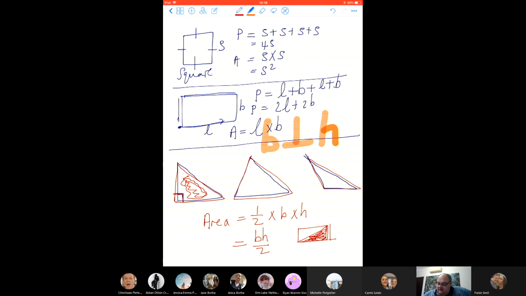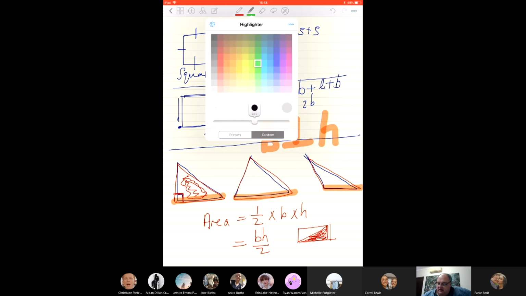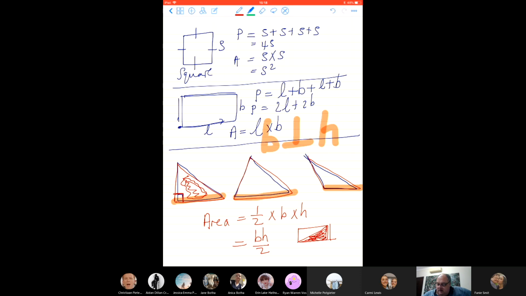Okay, so in this first triangle, that would be my base. The base is the side that the triangle is resting on. So that's my base. In this one, that would be my base over there, and in that one, that would be my base over there. So where would my height be? In this triangle, that would be my height. Remember what we said: the height and the base are perpendicular, so it needs to have a 90 degree angle there. In the following one, if that is my base, look at the highest point that you've got, and that's the point over there.